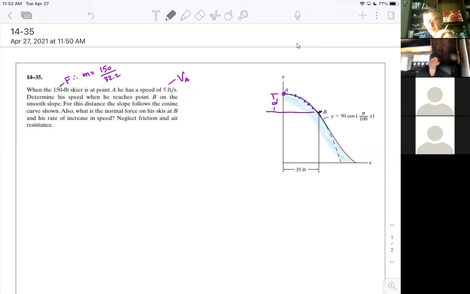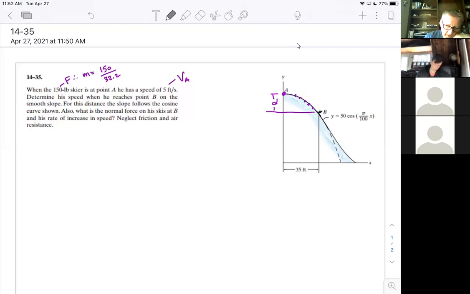In that first problem, the fact that it was a straight slope, I was able to convert the force to the force along that line. Well, this person is changing directions constantly. And so you can't really do it any other way. So I know his force is 150 pounds. And if I could know that distance right there from A to B vertically, then that's all I need to know.